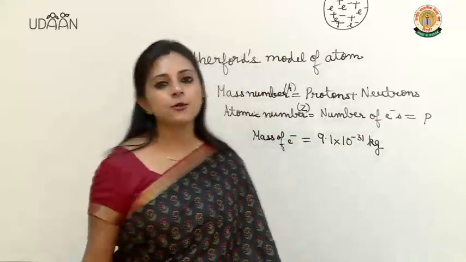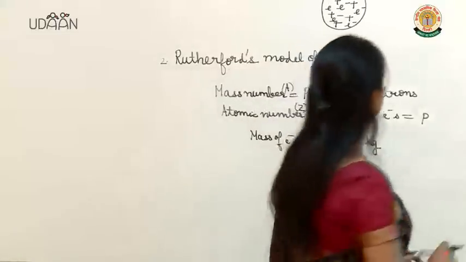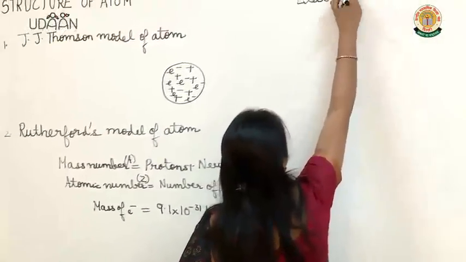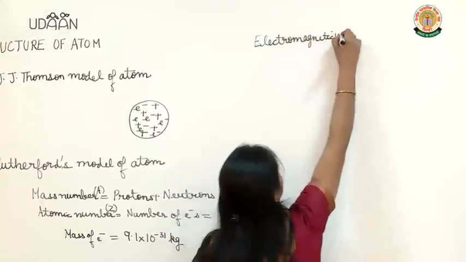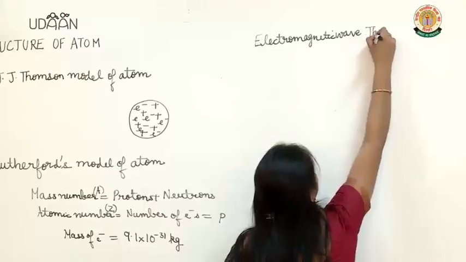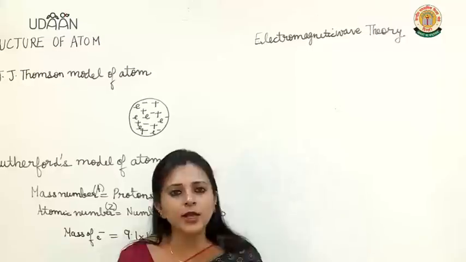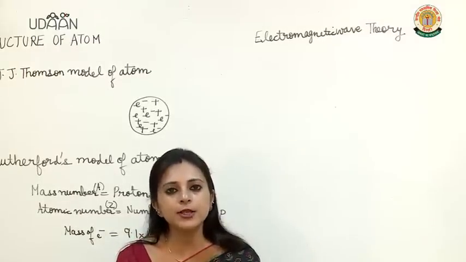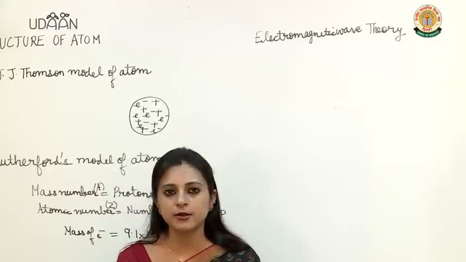Now we move on to electromagnetic wave theory. What is electromagnetic wave theory? Now electromagnetic wave theory says that light from any radiation is coming continuously, and this is known as radiant energy.